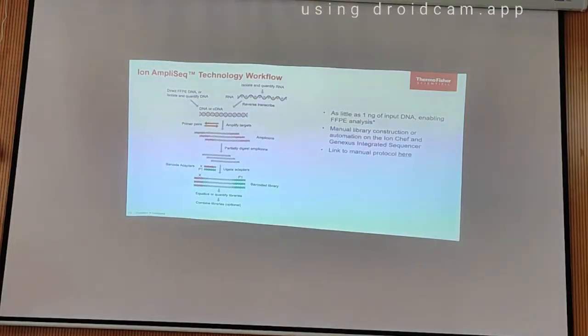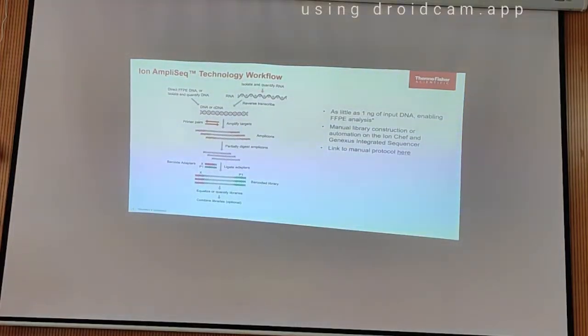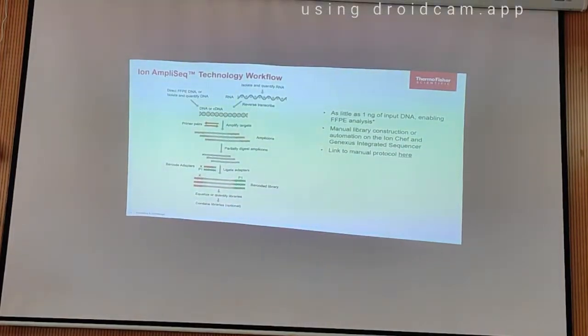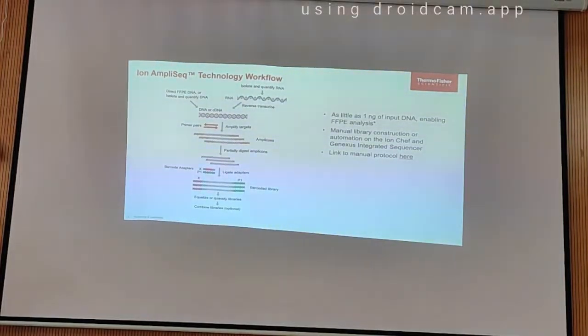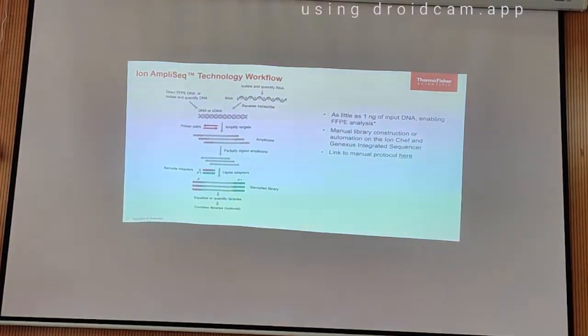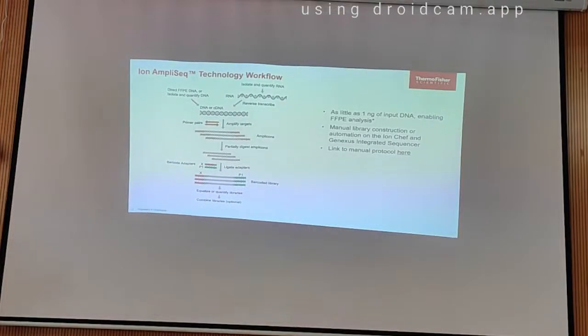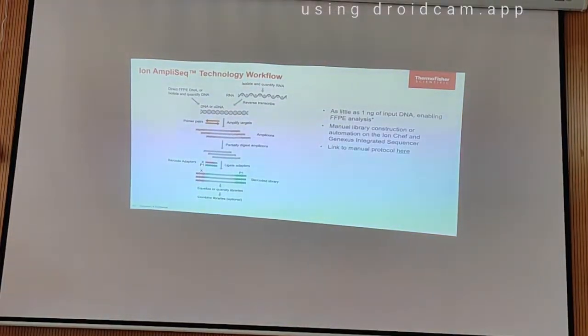Why are adapters necessary? See, all the fragments have different sequences. Then in the subsequent step, how can we amplify? You will not have that many primers with you. So that's why adapters are added. Adapters are known sequences, so they are universally attached at one of the ends.